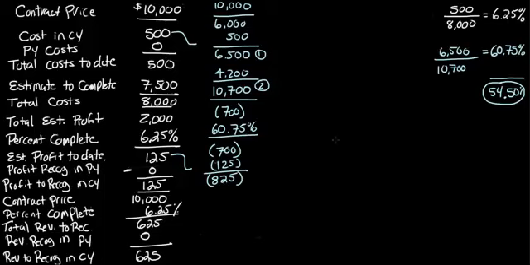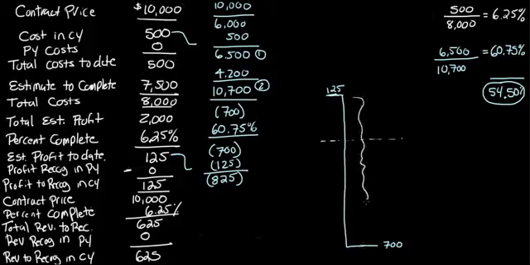Think about it this way: if this was a baseline, last year we recognized $125. Now, this year, we need to be at $700 below the baseline. To get from the positive 125 down to the negative 700, we have to recognize an entire loss of 825 in the current year.